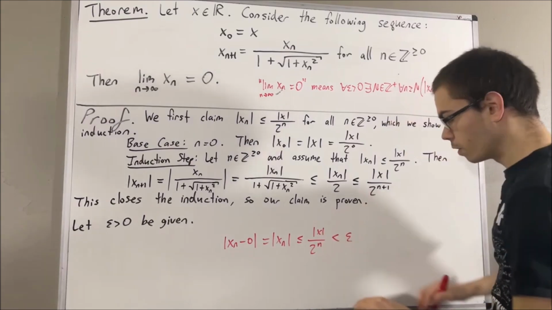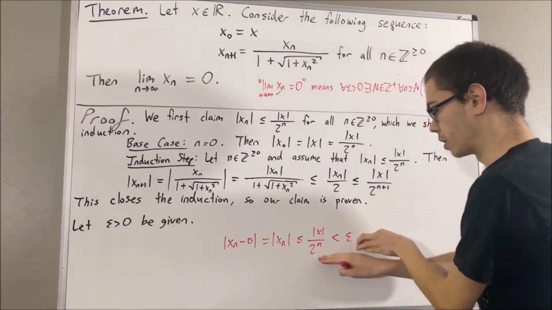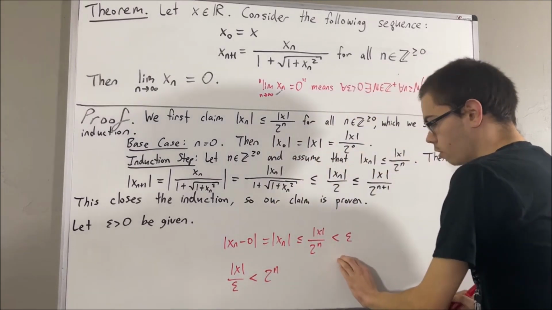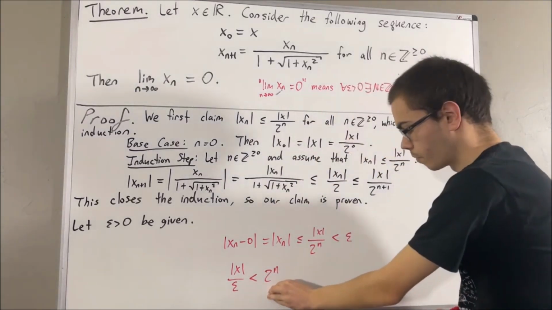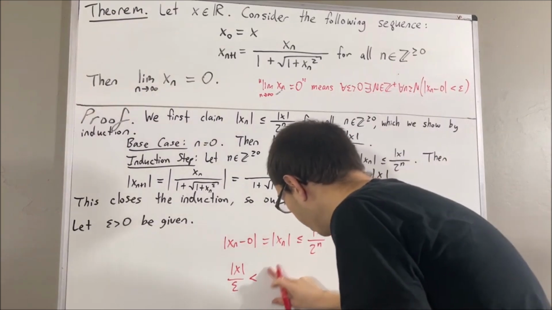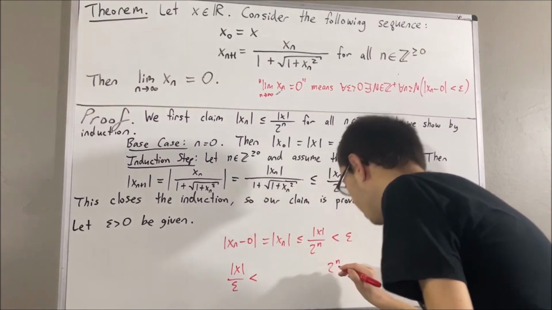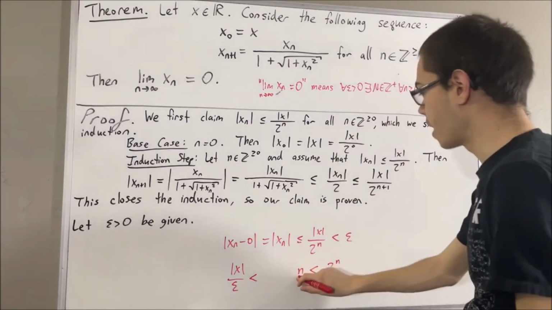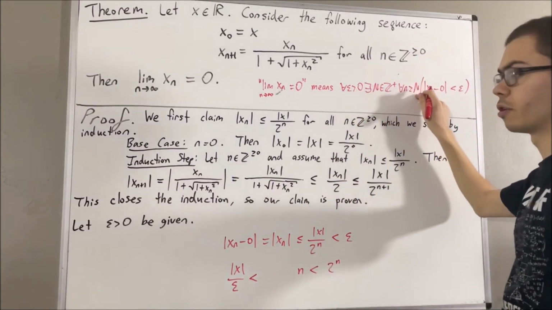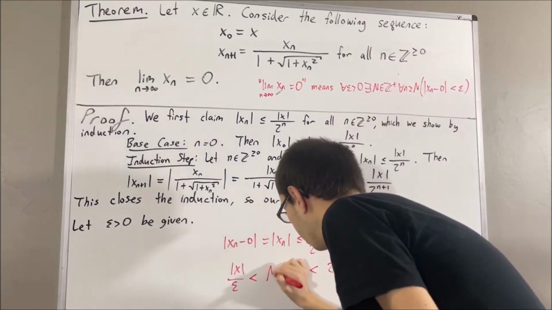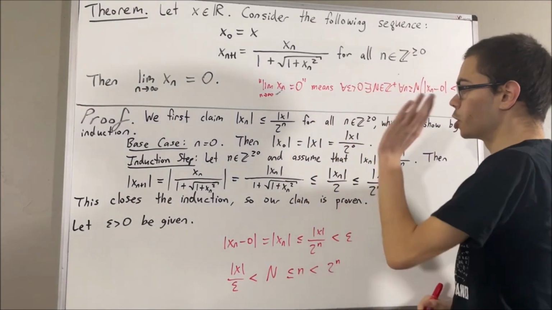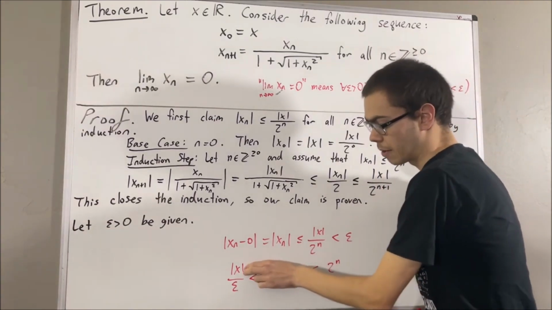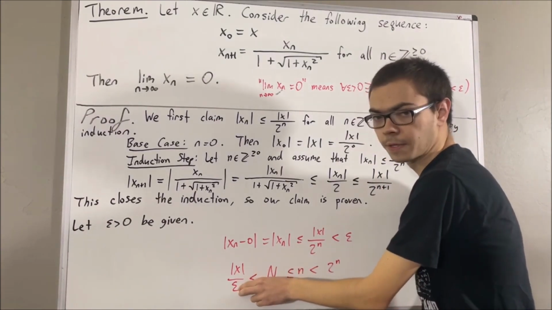epsilon is equivalent to, if we swap 2 to the n and epsilon, right? So this inequality is equivalent to this. But what we can do here is, we notice 2 to the n is bigger than n. And n is just an arbitrary integer greater than or equal to capital N. So all we have to do is choose a positive integer capital N that is bigger than absolute value of x over epsilon.